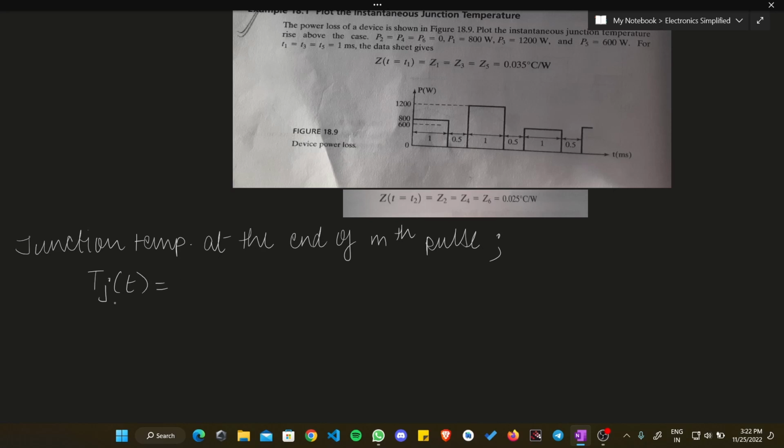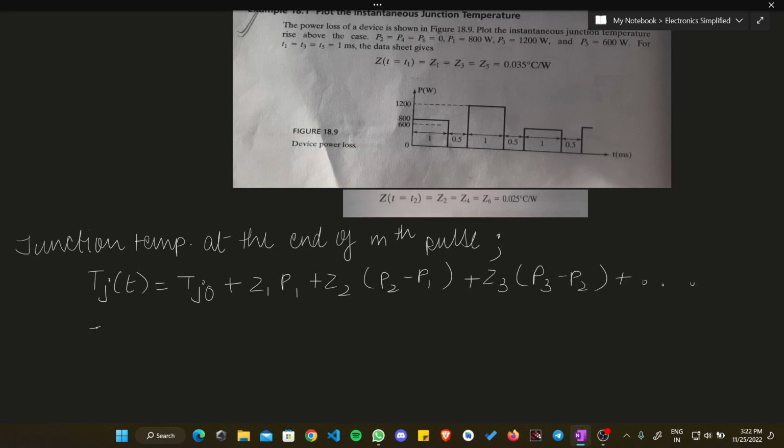So the junction temperature at any particular time t is equal to Tj0, that is the initial junction temperature, plus Z1 into P1 plus Z2 into (P2 minus P1) plus Z3 into (P3 minus P2) and so on.